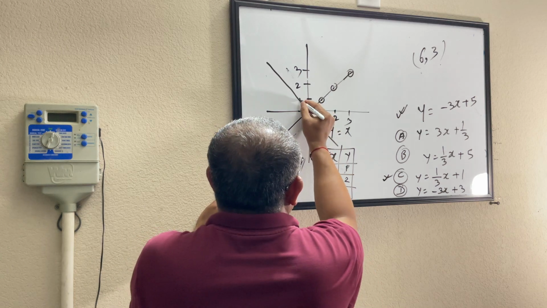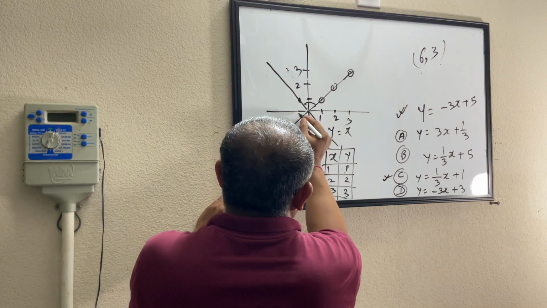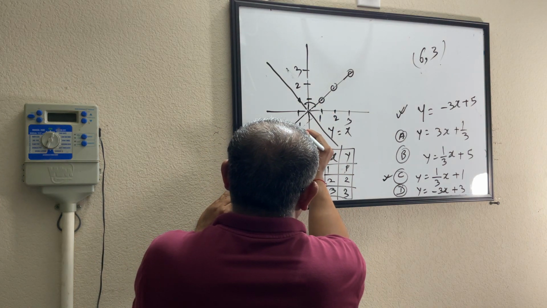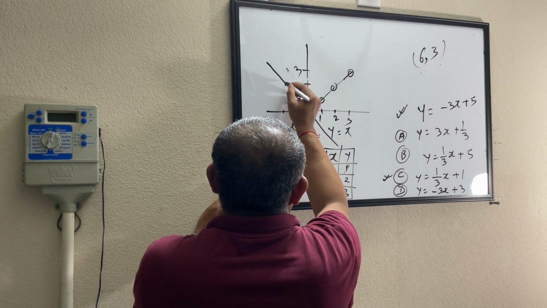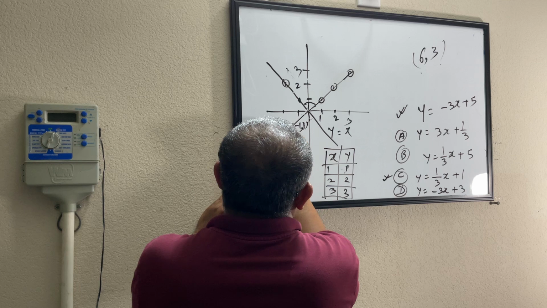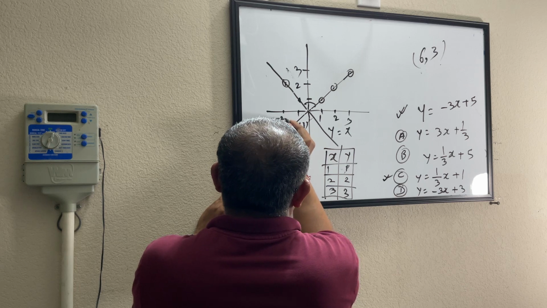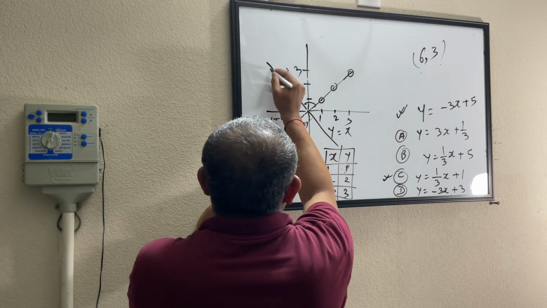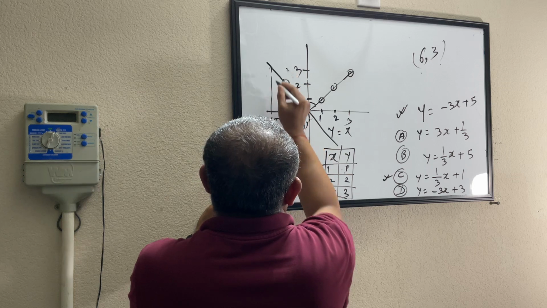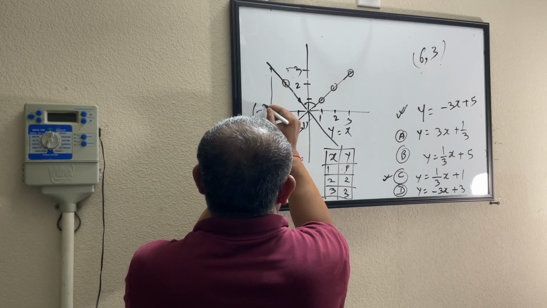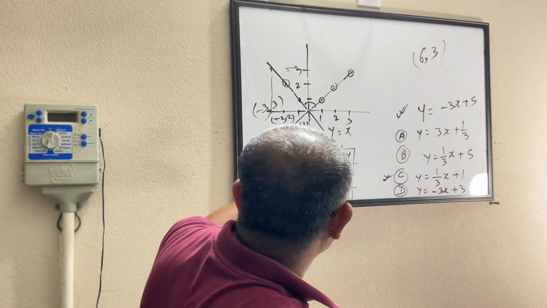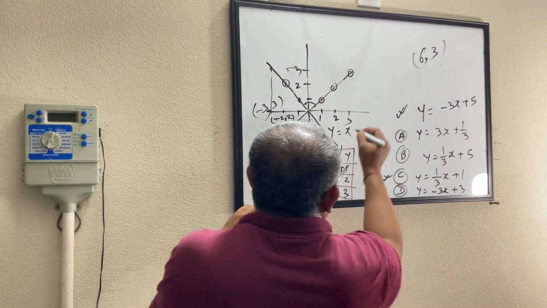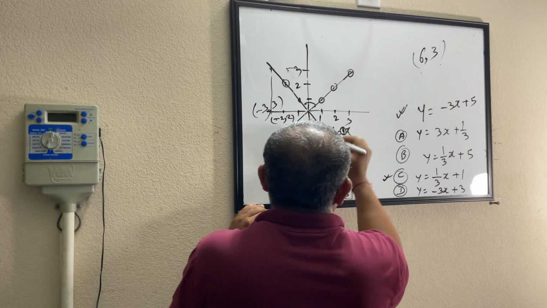Here this point will be x is minus 1 and y is 1, then minus 2 and 2, then minus 3 and 3. The slope of this line is 1.